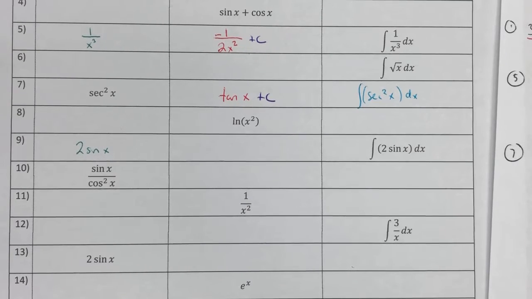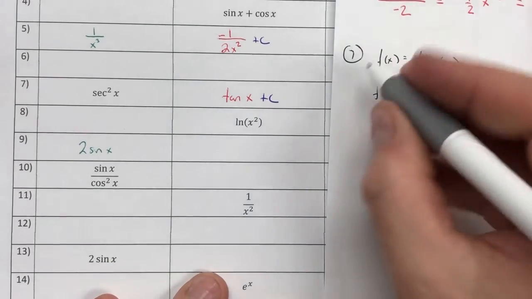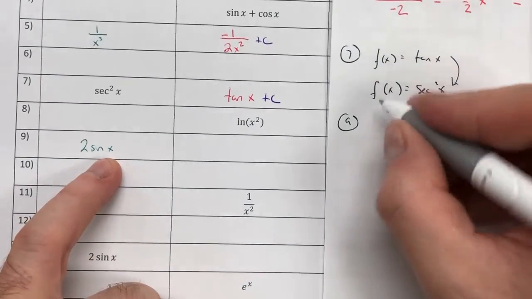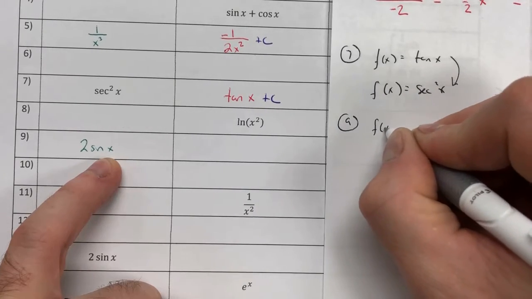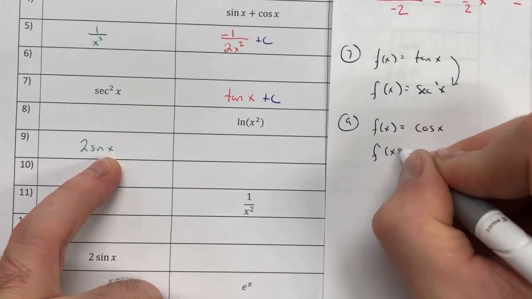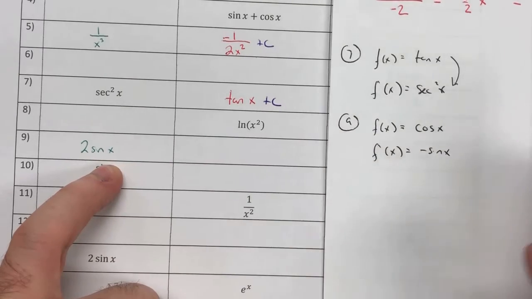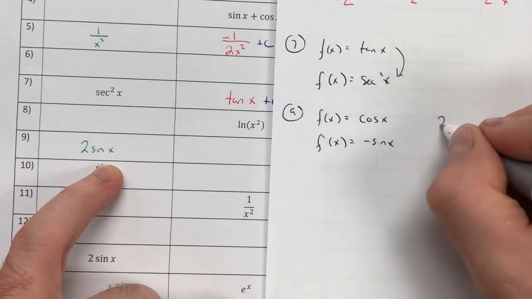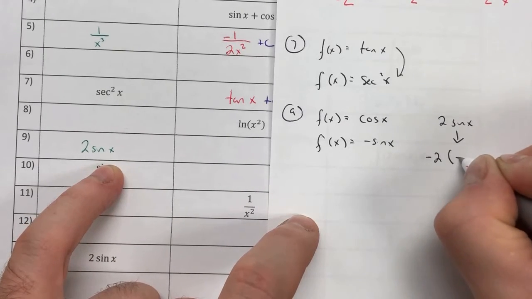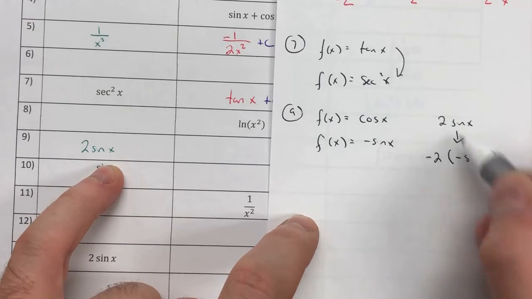Okay, so if you remember that trick that we did earlier, we know that on number 9, I know that if I have f of x is equal to the cosine of x, I know f prime of x is equal to the negative sine of x. So I need to make that into a negative sign. So all I'm going to do is say, hey, how about let's make 2 sine x into negative 2 times the negative sine of x. Because that, when I multiply that together, will give me 2 sine x.